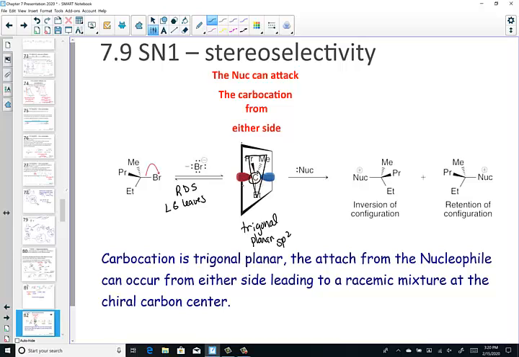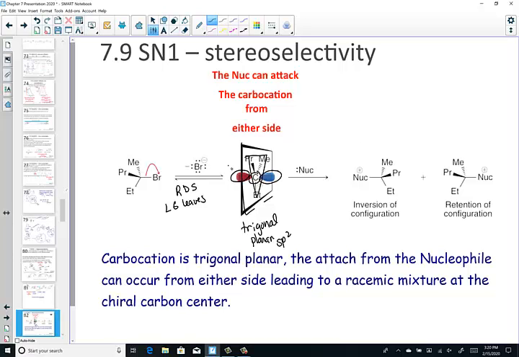Now think about holding this up: you have a pi orbital here and an available orbital here. Both are available on either side of the carbon. So when the nucleophile attacks, it can do so from either side of the carbon. It's like a free open spot, top or bottom.